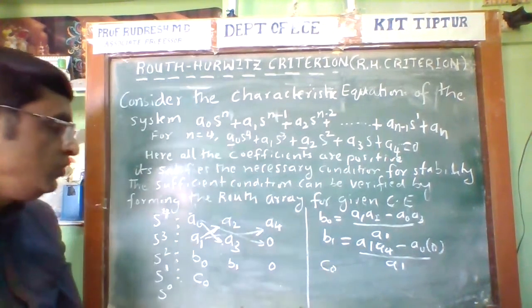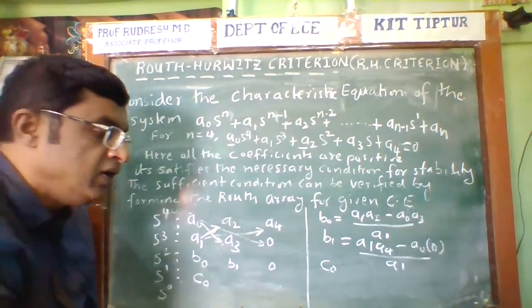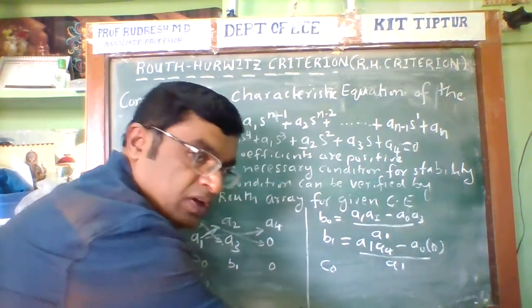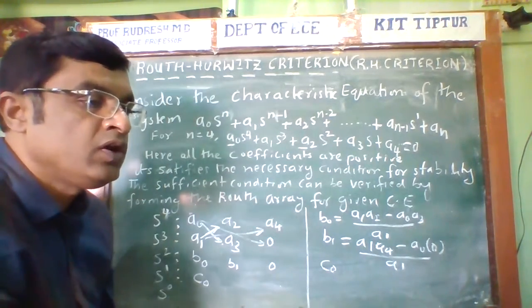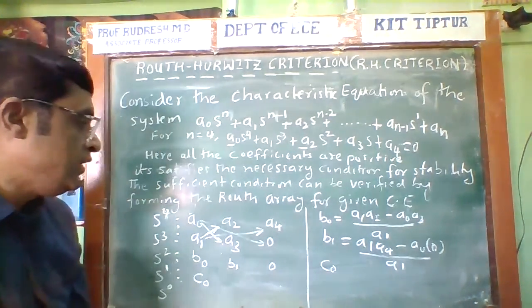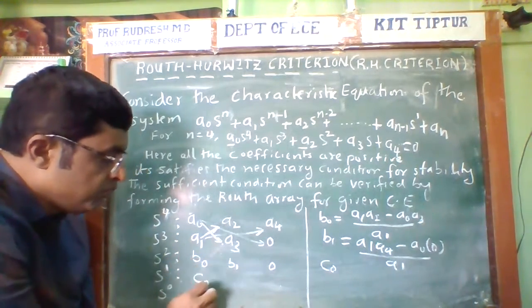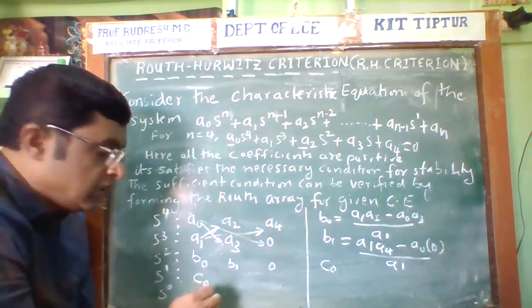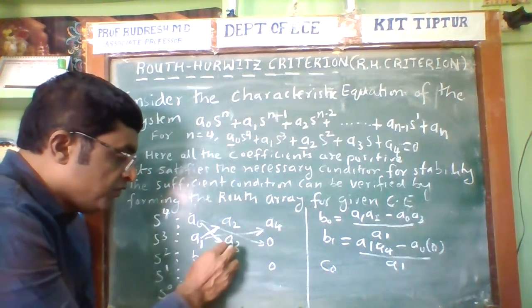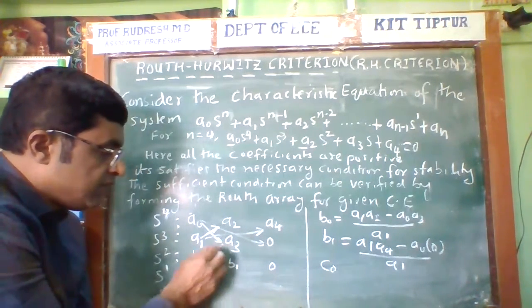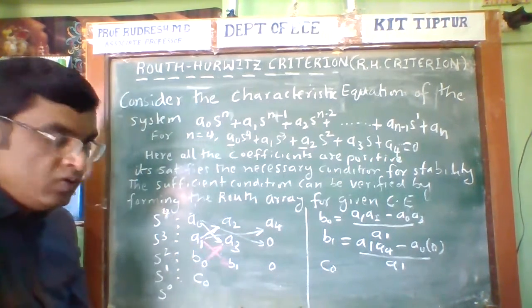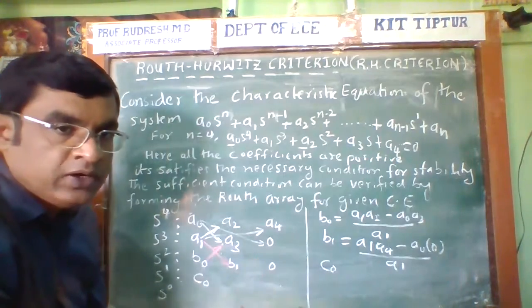The c0 value is equal to b0 into a3 minus a1 into b1, divided by b0. Now similarly, by utilizing the previous two rows' elements, we can find out the elements of the current row.